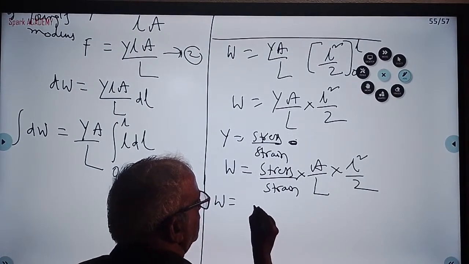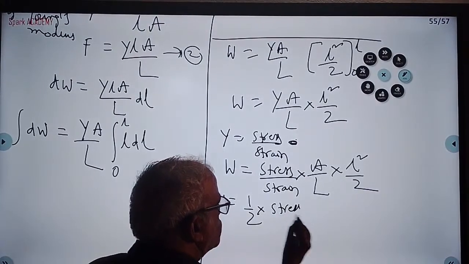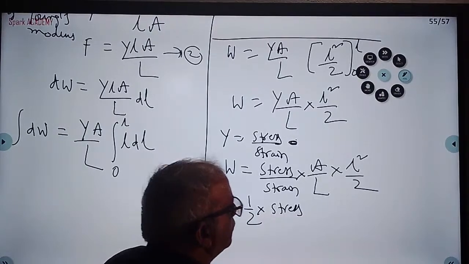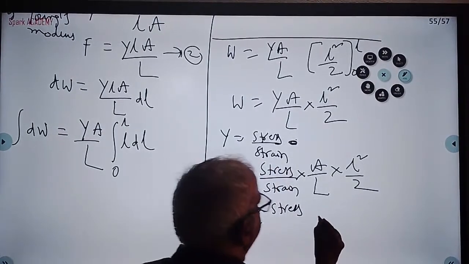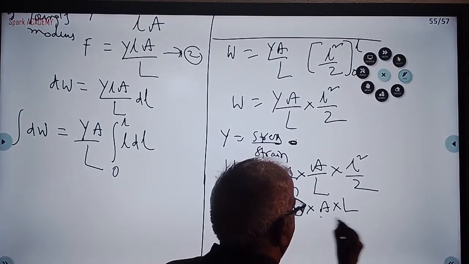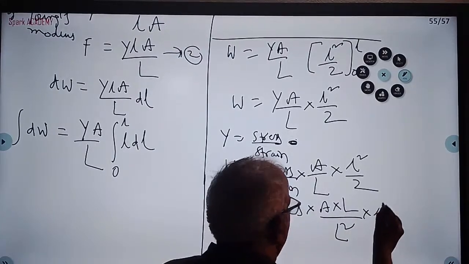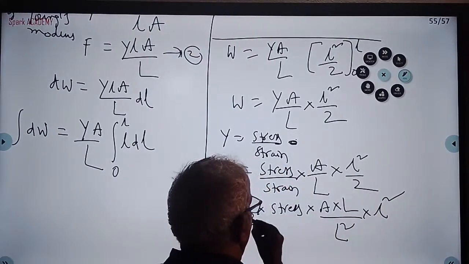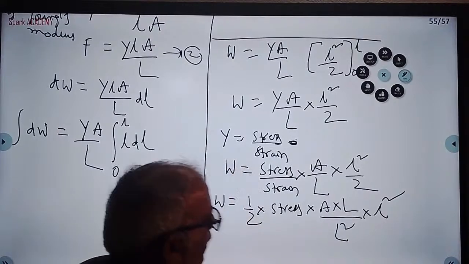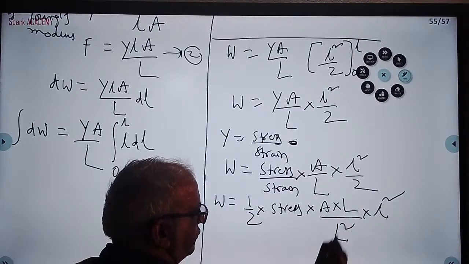So bring the half here: half stress into, I am multiplying by L and dividing by L, so I get L square.